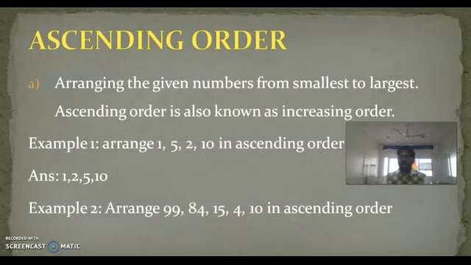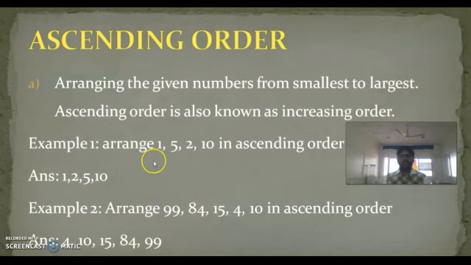What is the first smallest number here? 4, next 10, 15, 84, 99. That's it. Take some numbers of your own or with the help of your friends, and do some more examples as practice.